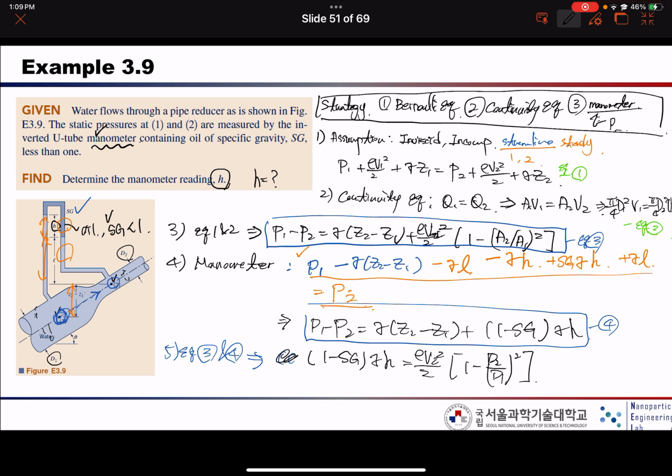So this is what we got. So if you rearrange this equation, you will get the H. So this will be the answer for this question.